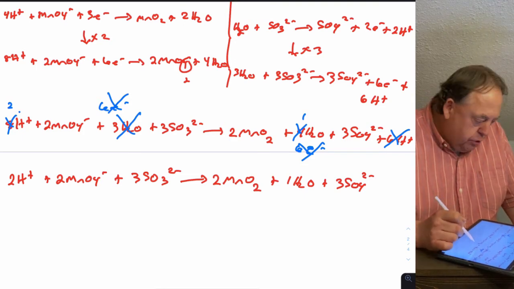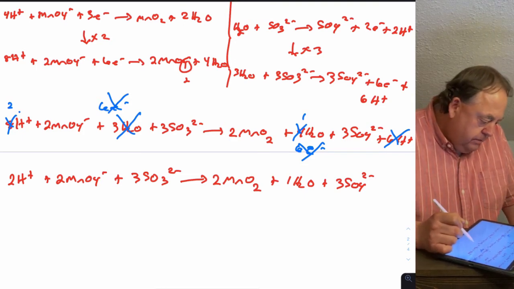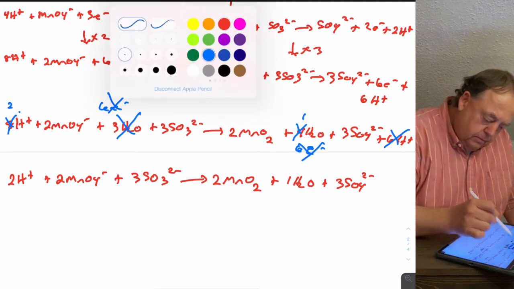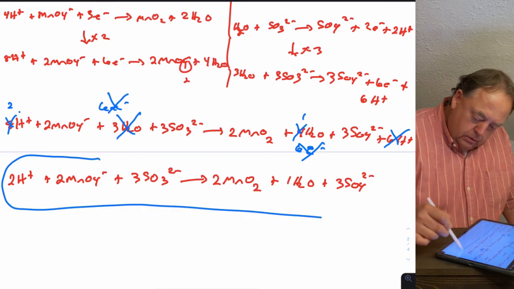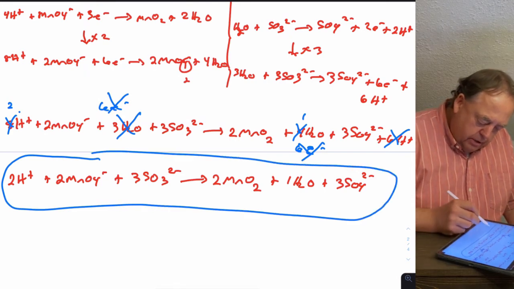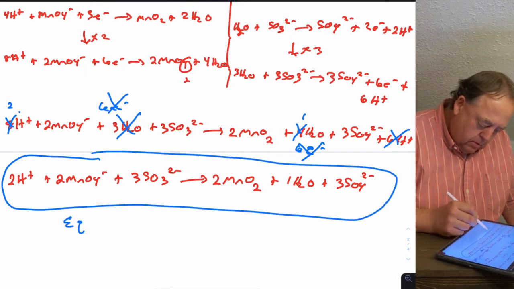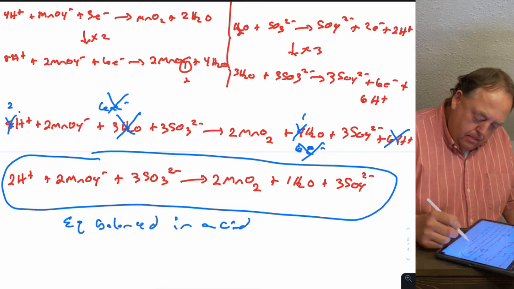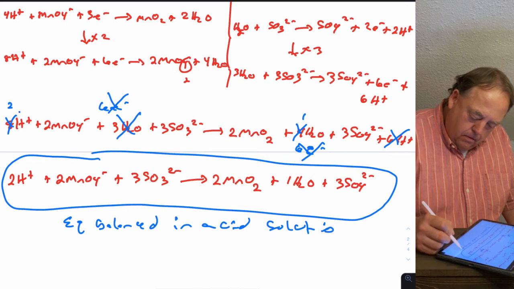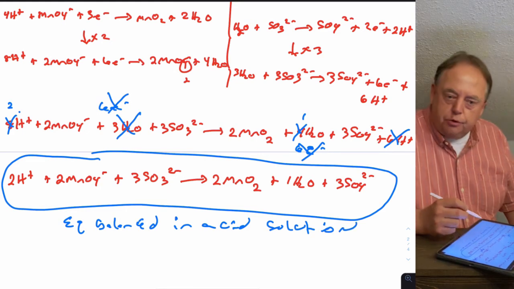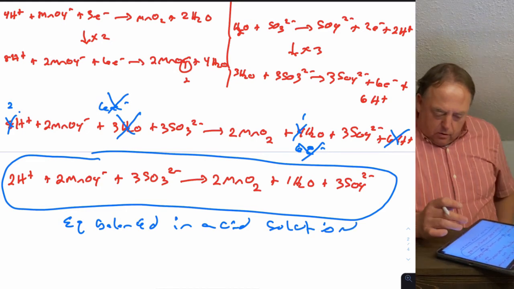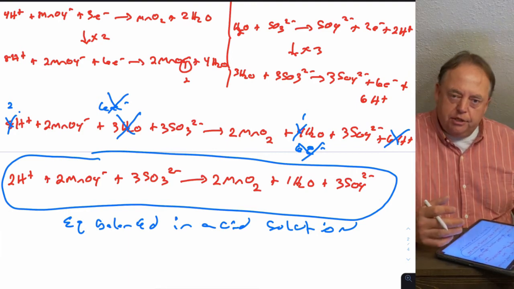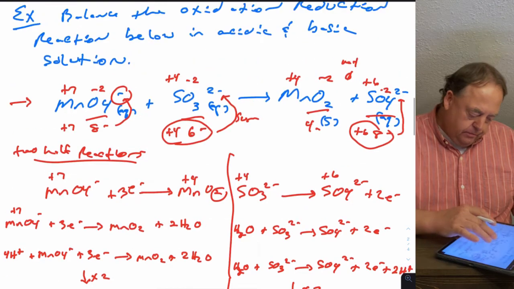Okay, so we make 2 MnO2 plus 1 water molecule and 3 SO4 2 minus. So that would be the equation balanced in acid solution. So now once we have that, if we wanted to balance in base, then there's 2 more steps that we have to go through.